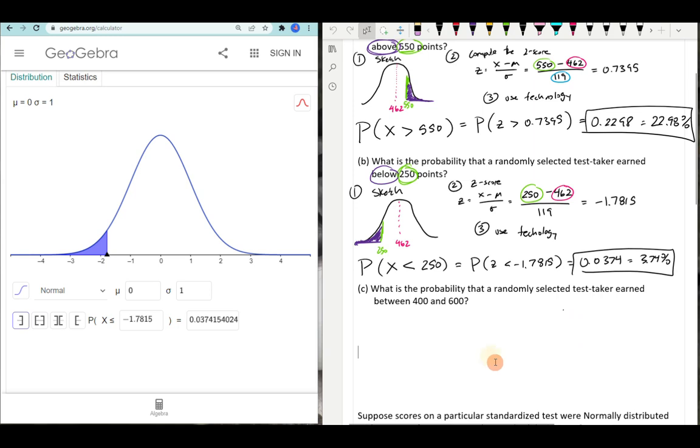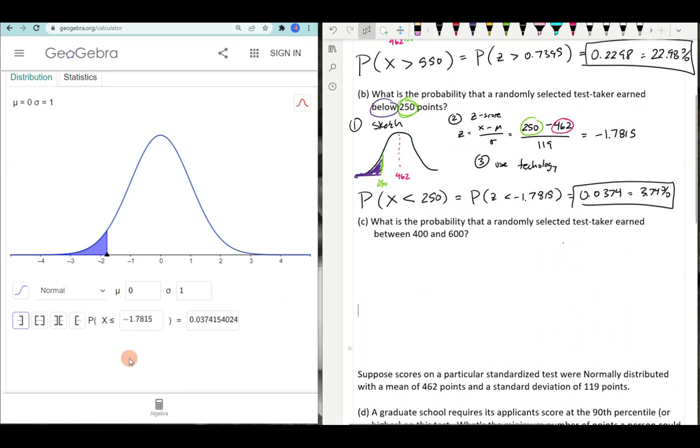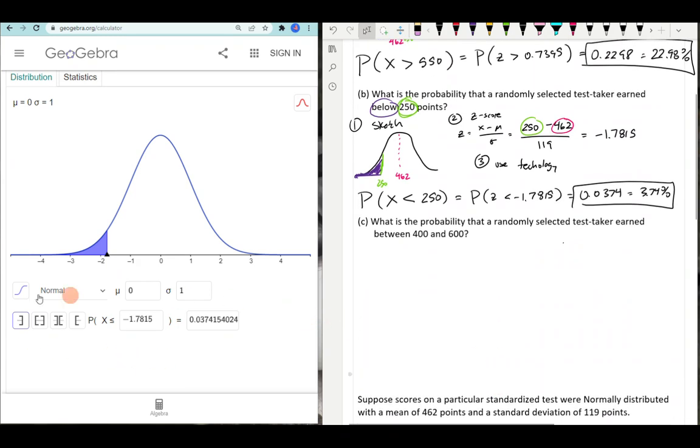If we want to find the probability that a randomly selected test taker earned between 400 and 600 points, I'm going to again start by trying to visualize the situation by drawing a quick sketch. So I draw my normal distribution. I note where my mean is just to help me draw my angles. I note that 400 is below 462, but only slightly, so I'm going to draw it very close to the mean. 600 is considerably higher above, so I'm going to draw my 600 a lot higher.